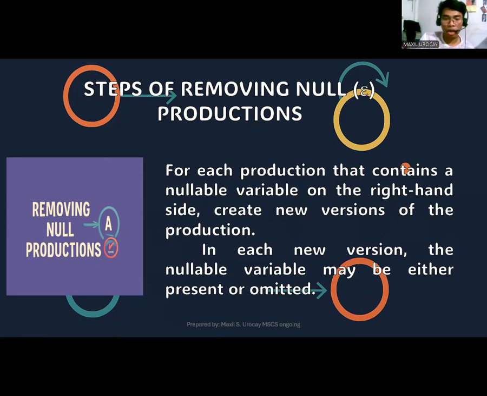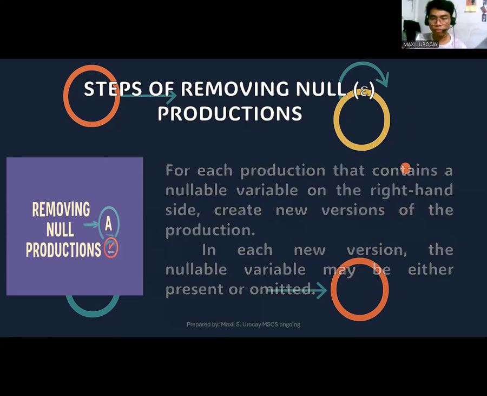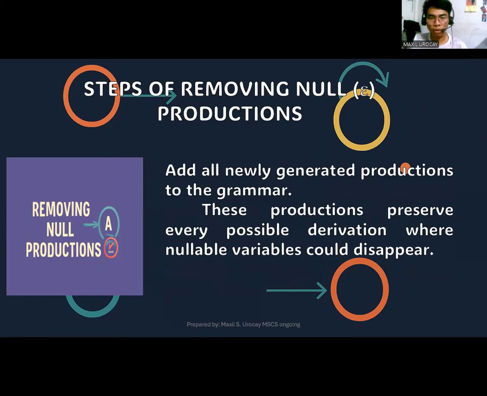In each version, the nullable variable may be either present or omitted. So in this particular work, you will already know how to do it step by step. Now let's move on to the next step.